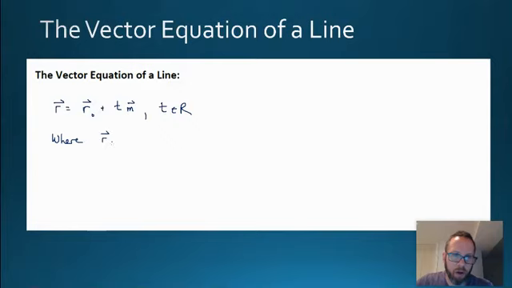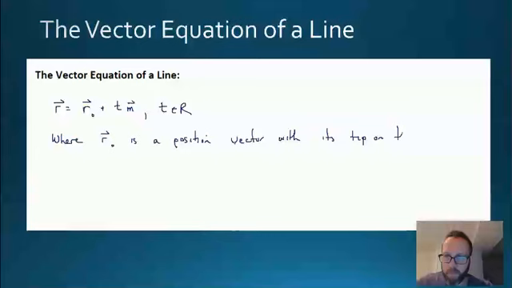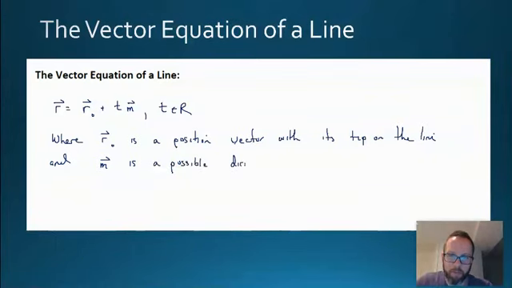So this vector r naught is a position vector with its tip on the line. And m is, I'll say, a possible direction vector.